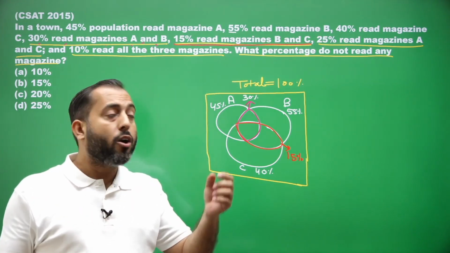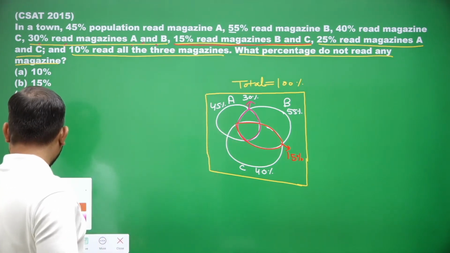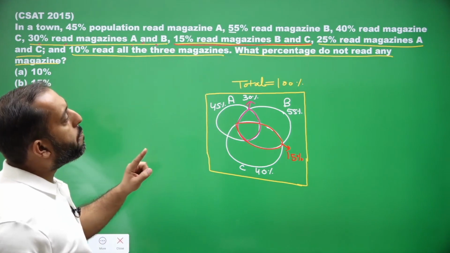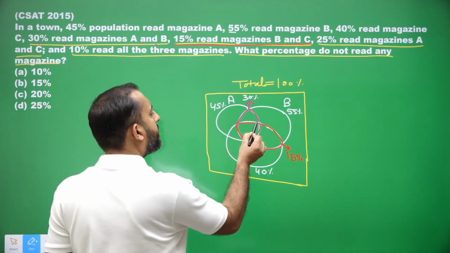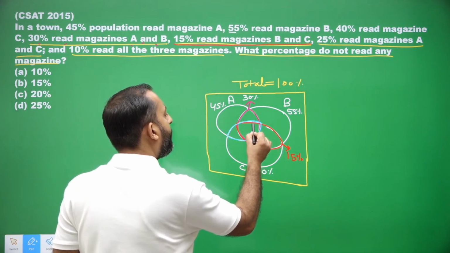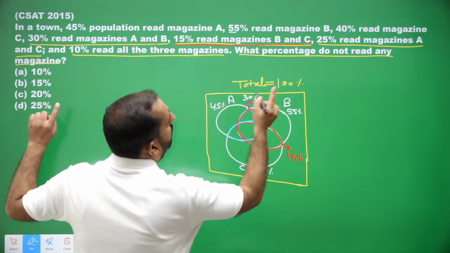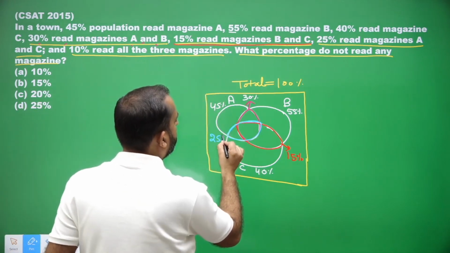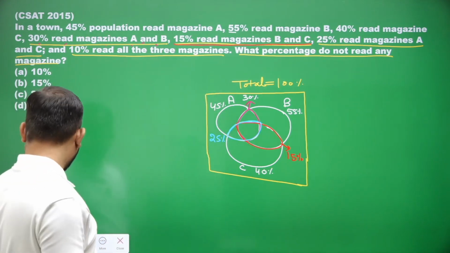It is not like only B and C. And finally, 25% read magazine A and C. Meaningly this intersection which is present between A and C, the value of this complete intersection is 25%. I hope, guys, this is clear to everybody.